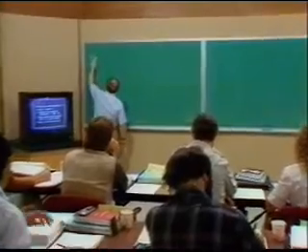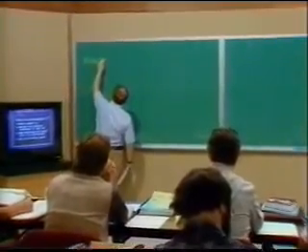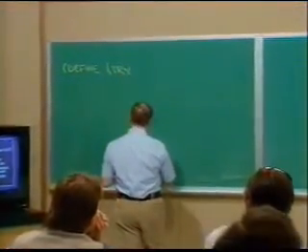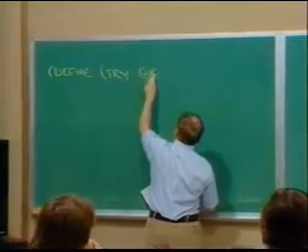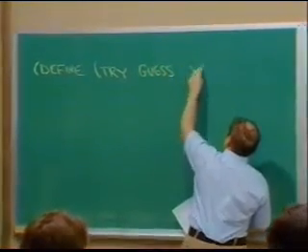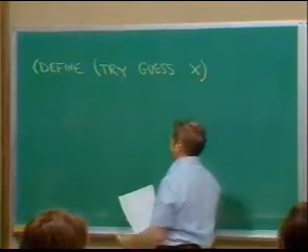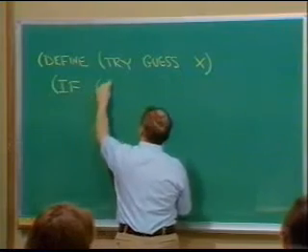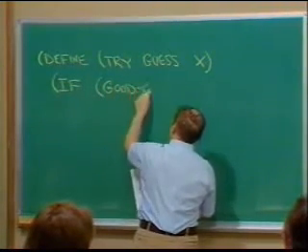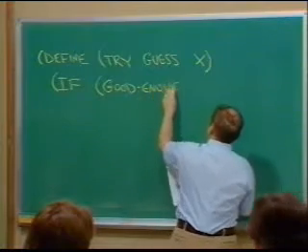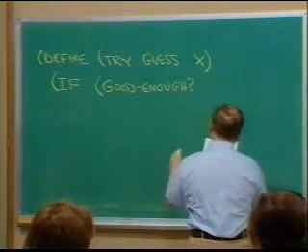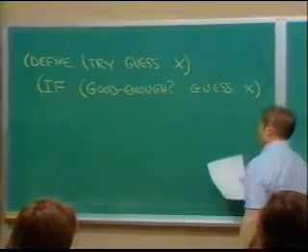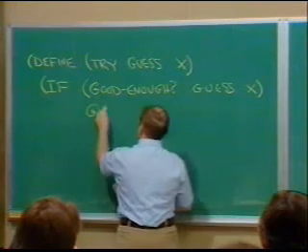So we'll say define try a guess for the square root of x. What do we do? We'll say if the guess is good enough to be a guess for the square root of x, then as an answer we'll take the guess.